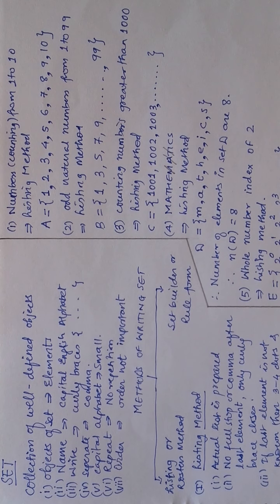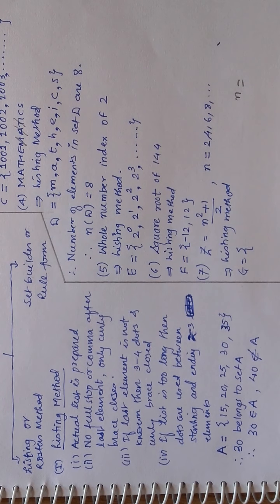Third, if the last element is not known, then write 3, 4 dots and close the curly bracket. Sixth, if the list is too long, dots are used between the starting and ending elements, and at the end only one element is written, which is okay.